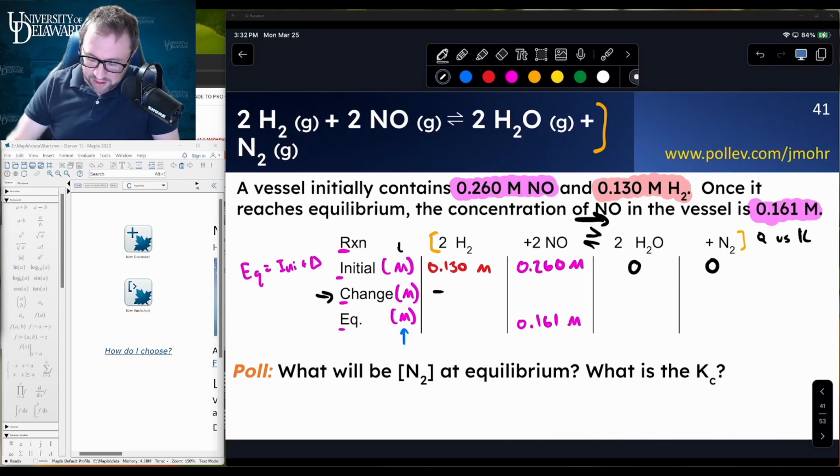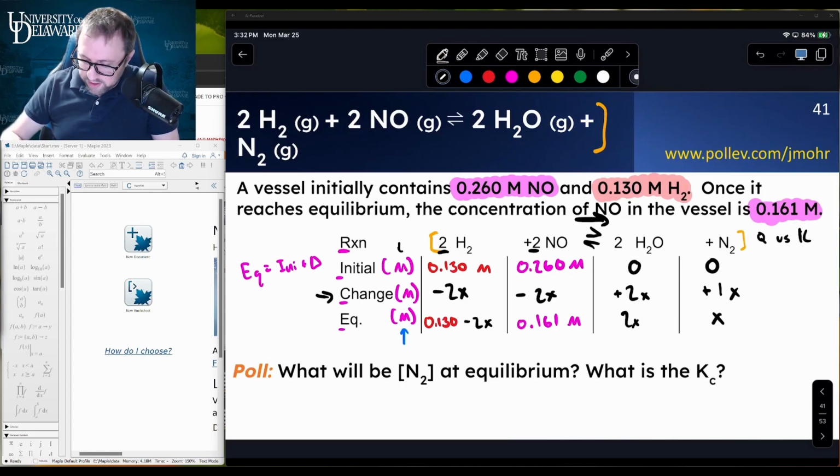So we're going to lose 2x of these. We're going to lose 2x of these. We're going to gain 2x of water, and we're going to gain 1x of nitrogen. And then we can write in our equilibrium values here. So here we're going to have 0.130 minus 2x. We're going to have 2x, and we're going to have x.